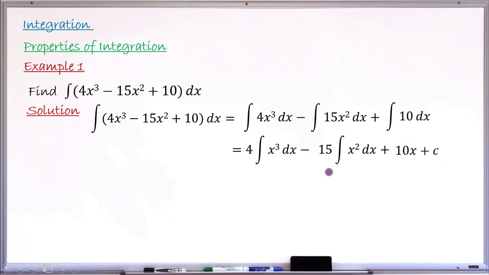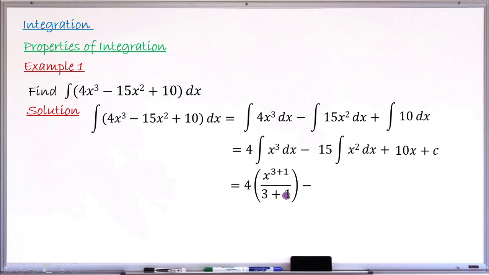So we continue. I now find the integral of x raised to 3. Remember the rule in our previous lesson: the power will increase by 1 and you divide that very term by the power after increasing it by 1. So in that case, I'm going to have my 4, the 4 that is outside already. Then the integral of x raised to 3, according to the rule in our previous lesson, is x raised to 3 plus 1, that power 3 increased by 1, all over n plus 1.